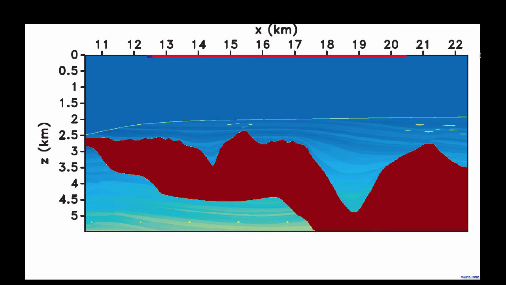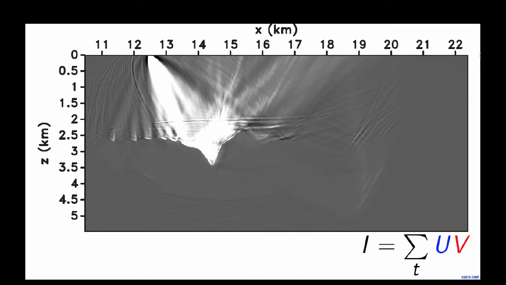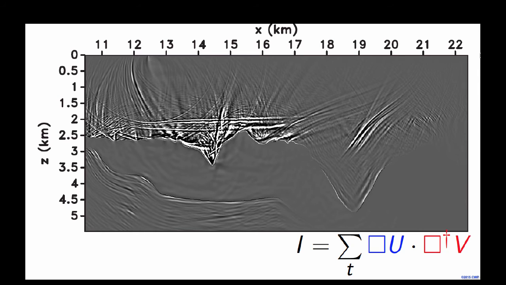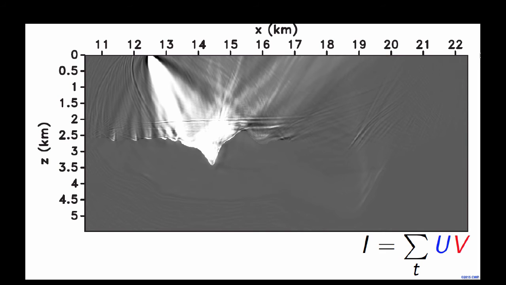If we perform wavefield imaging on this using a conventional image condition, as expected, we obtain a lot of backscattering artifacts. If we use the energy image condition, however, we attenuate these artifacts, and we can see the reflectors that for the conventional image condition are masked by the low-frequency artifacts.